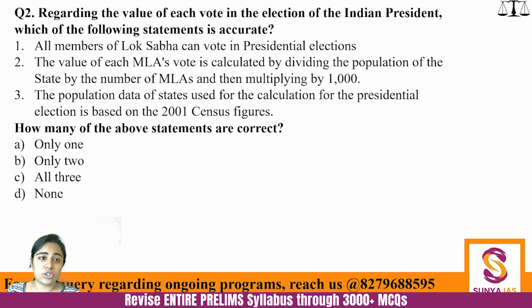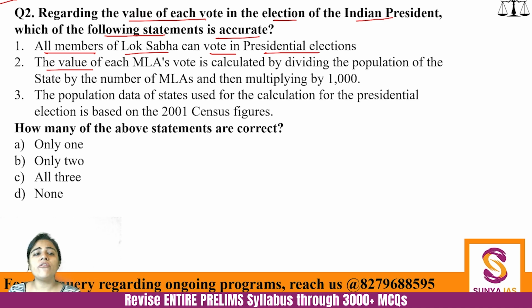Moving on to the next question. Regarding the value of each vote in the election of Indian president, which of the following statements is accurate? All members of Lok Sabha can vote in the presidential elections.